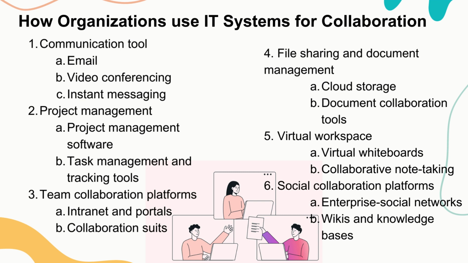Such platforms have features very similar to internet social platforms, but under administrative control of the organization. Wikis and knowledge bases are maintained by organizations to document processes, procedures, best practices, and know-how like user guides, that can be easily accessible to all the employees.